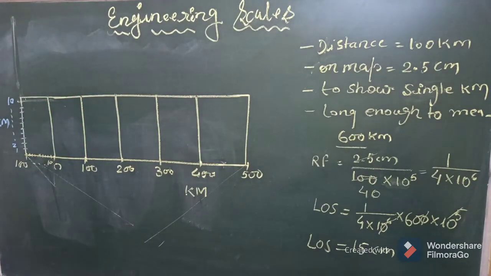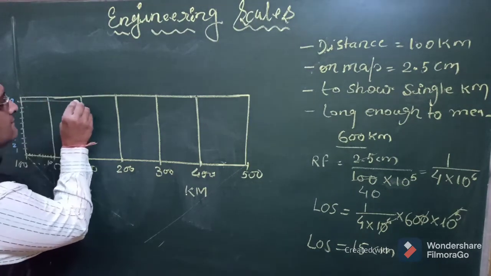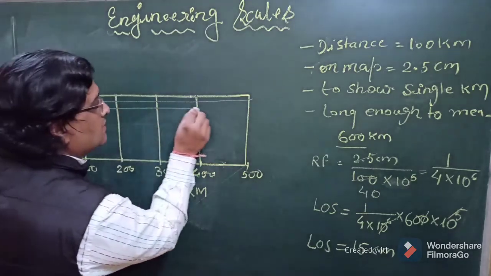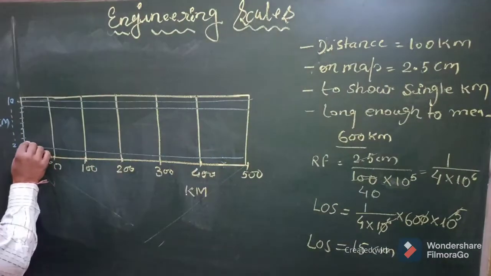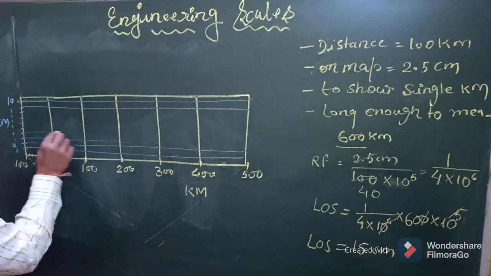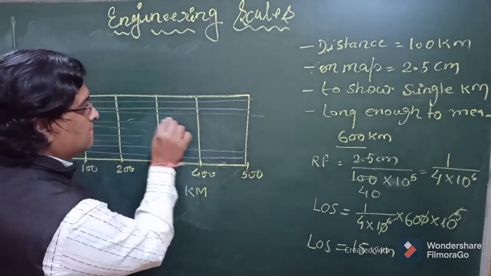And you can draw horizontal lines from all these divisions of single kilometer up to the end of the scale, throughout the length of the scale.